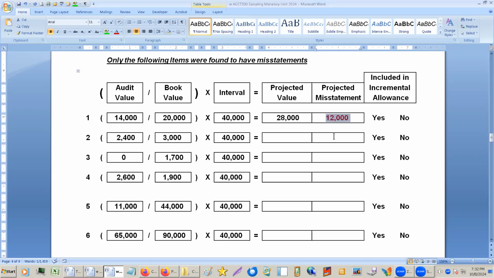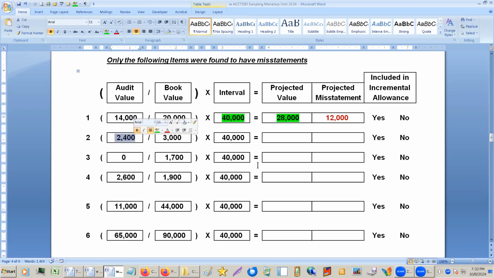Excuse me, why is it 12,000? Because the interval is 40 and the projected value is 28. So 12,000 of the value isn't there. And again, we're picking one item and saying it represents the entire interval.